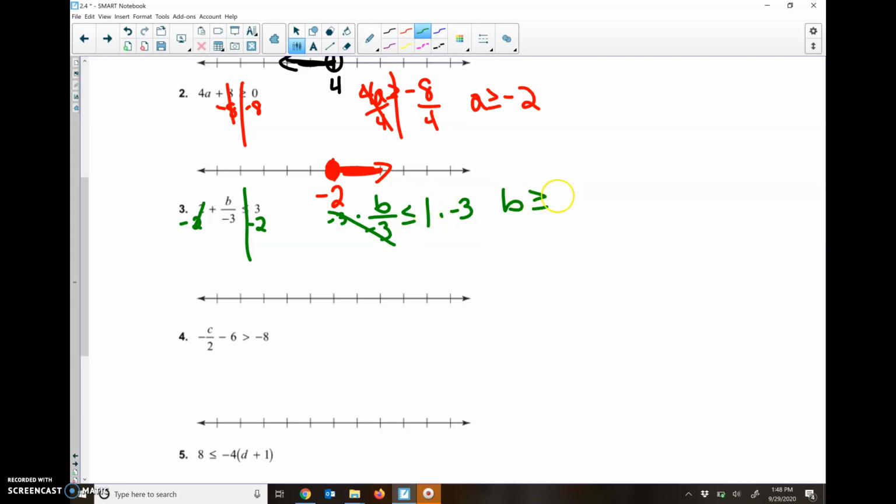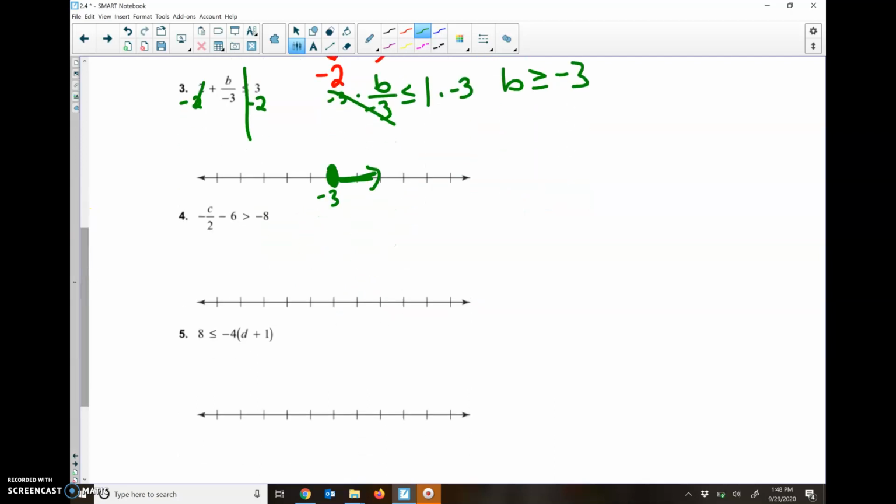And then 1 times negative 3 is negative 3. Since it's a greater than or equal to, I'm going to put in a filled in circle there. The numbers greater than or equal to negative 3 go to the right, like negative 2, negative 1, 0, and those positive numbers.